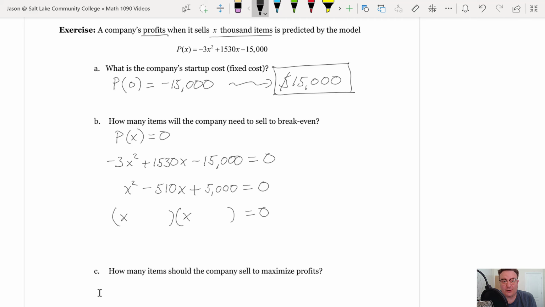How about 10 and 500? Yeah, that gives me positive 5,000 and negative 510. So the answers are x equals 10 or 500.